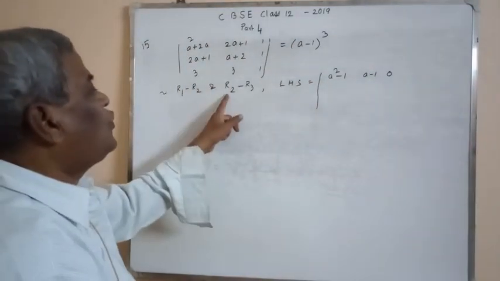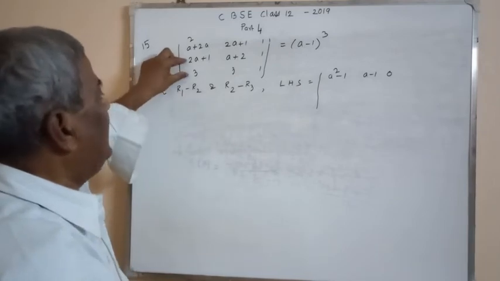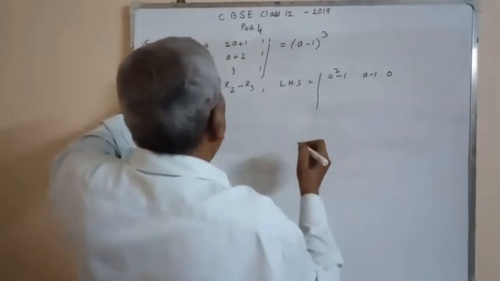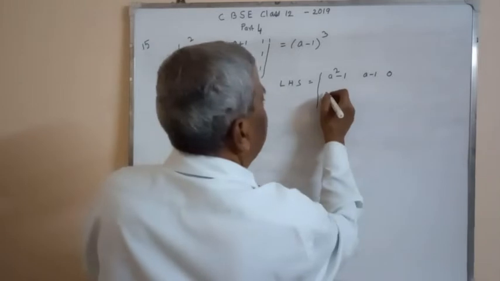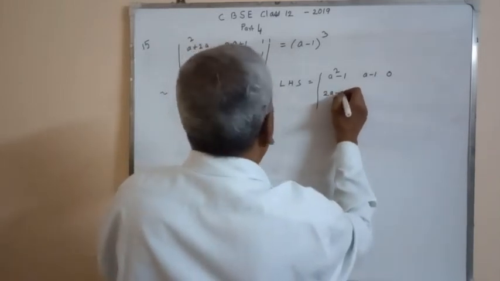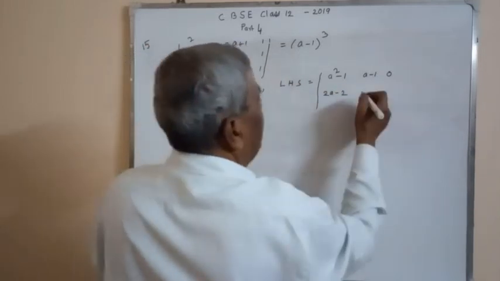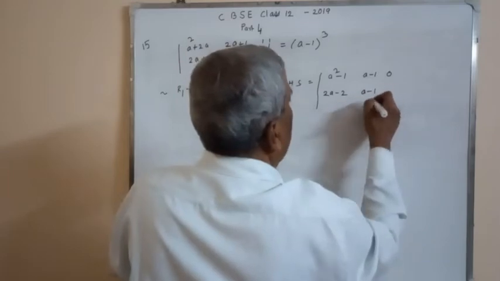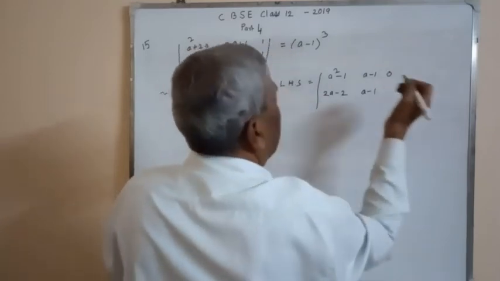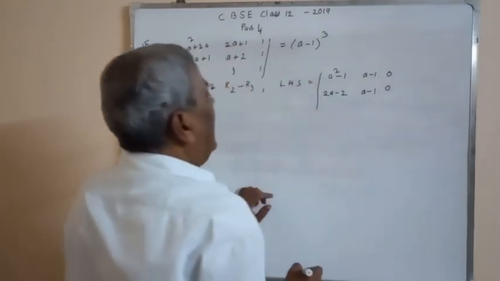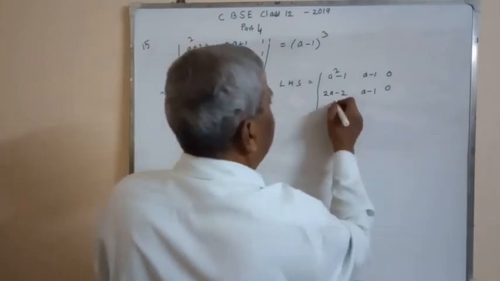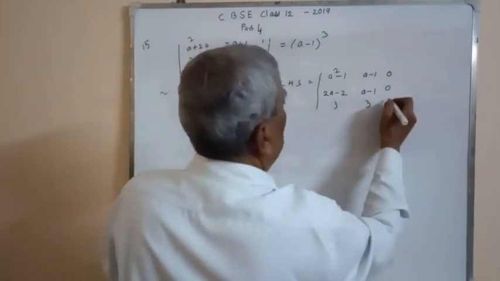Next, R2 minus R3: 2a minus 2, a minus 1, and 0. And third row intact, 3, 3, 1.